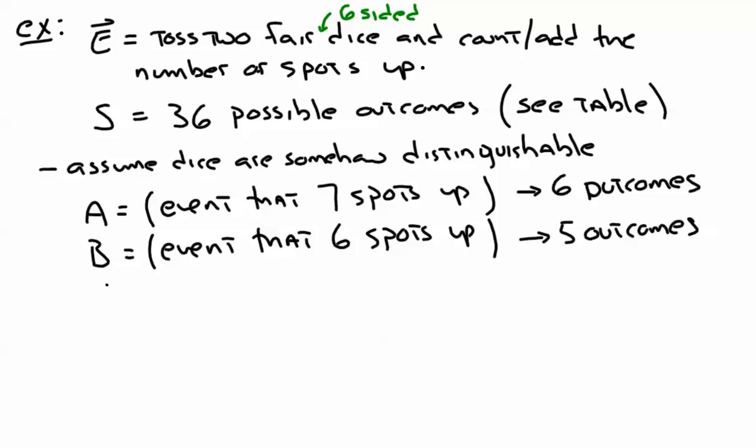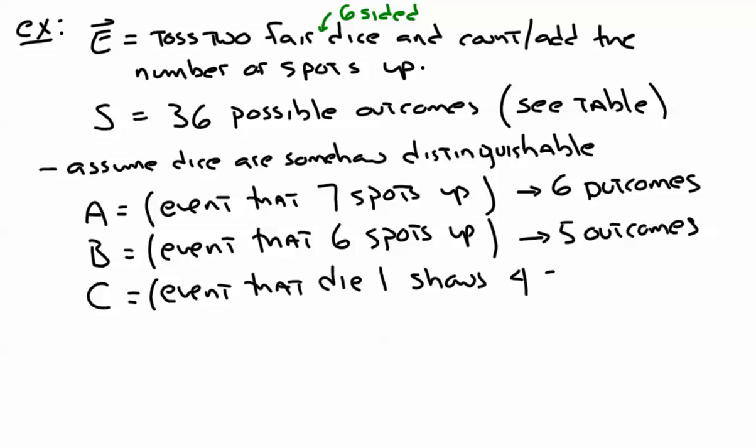And event C is going to be the event that die 1 shows 4 spots.